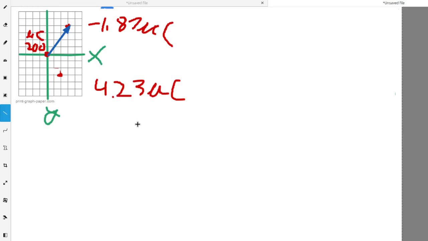But what about this one? This 4.23 is repulsive. It's pushing away at this charge on the origin. So the forces look kind of like this.